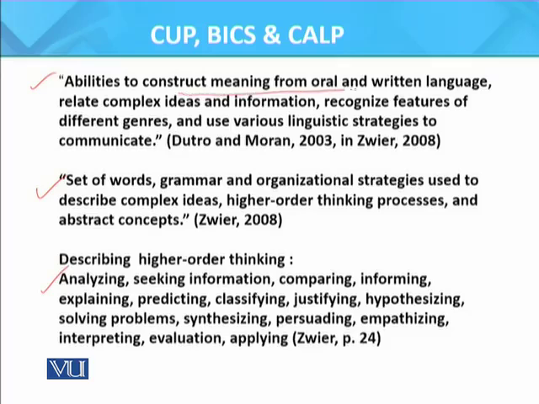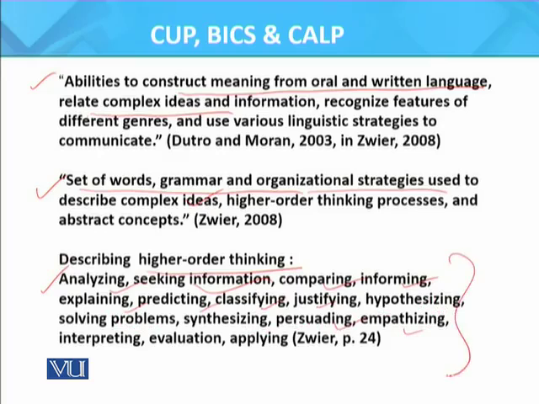Abilities to construct meaning from oral and written language, relate complex ideas, and use sets of words, grammar and organizational strategies to describe complex ideas and higher order thinking. They say that it includes analyzing, seeking information, comparing, informing, explaining, predicting, classifying, justifying, hypothesizing, solving problems, synthesizing, and persuading.